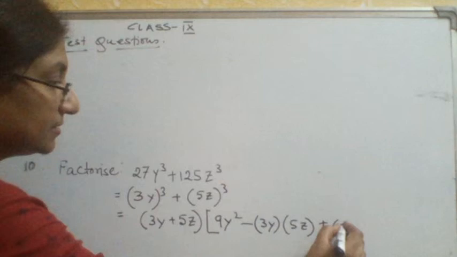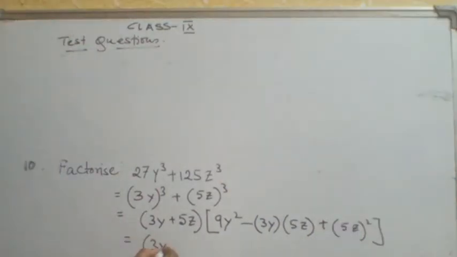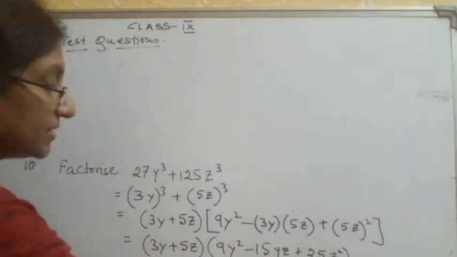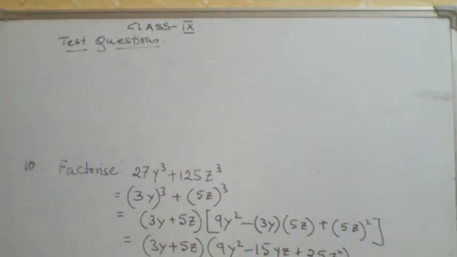So this comes out to be 3y plus 5z into 9y square minus 15yz plus 25z square. So this is question number 10. This was also from our chapter of polynomials.